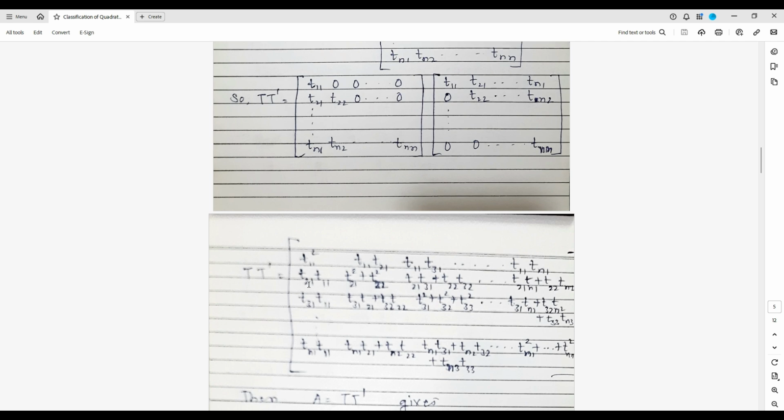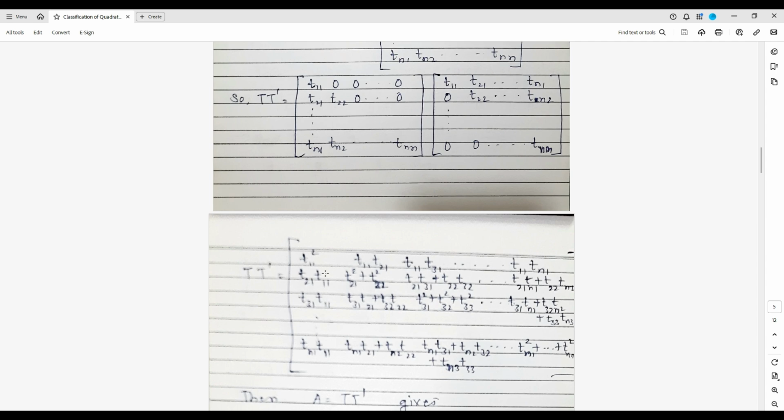Now let us consider the second row. Sorry, let us consider the first element in the second row again. So it will be T21 into T11 and the next elements in the first column are all zeros, so nothing will come out of it.